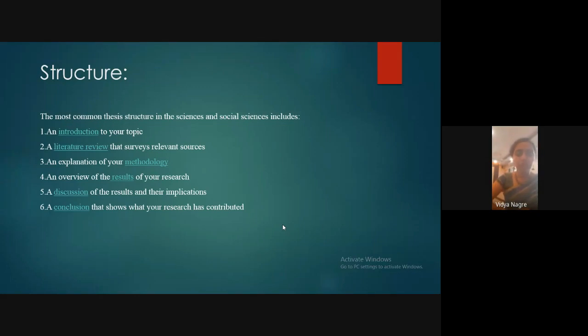You will apply it, and you should always have a theoretical background. There should be a base of some theory, which should be a foundation for whatever research you are going to do. Why should we have a theoretical background for our study?